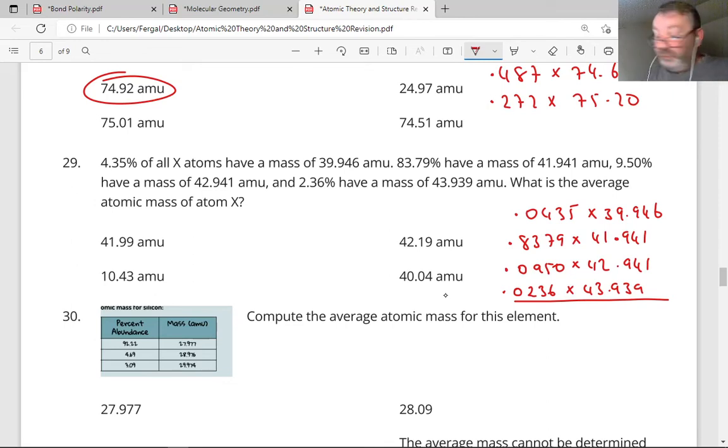Okay, let's do it quickly. 0.0435 multiplied by 39.946.